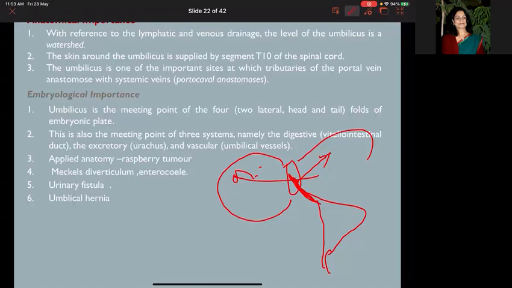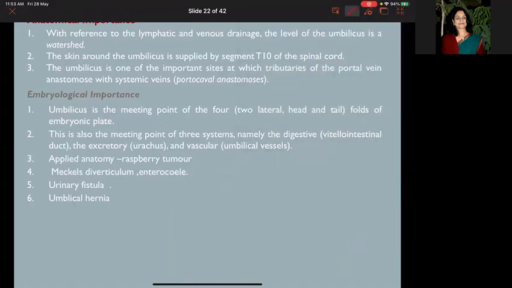In some cases the anterior abdominal wall below the umbilicus may be absent, and thus the anterior wall of the urinary bladder is exposed to the surface. This is called ectopia vesicae, or extrophy of the urinary bladder.